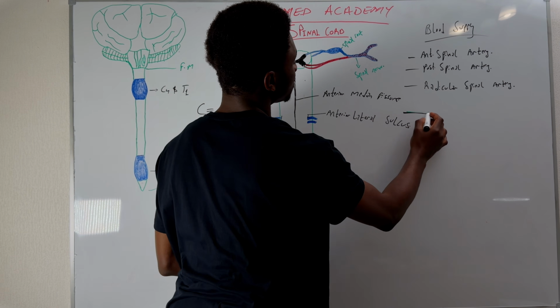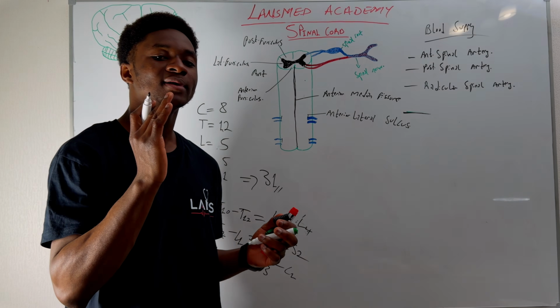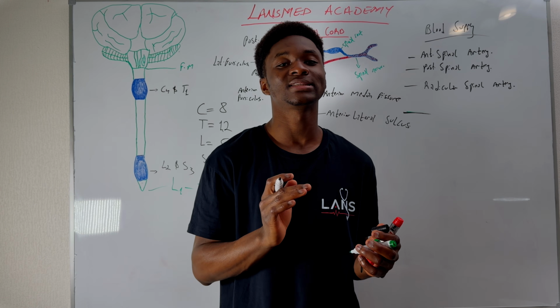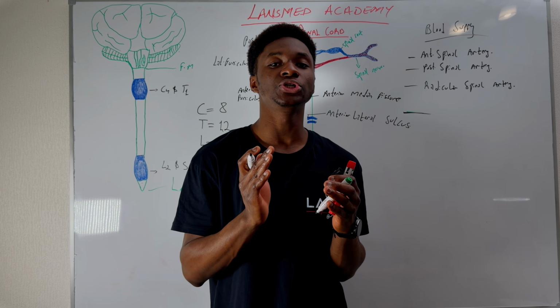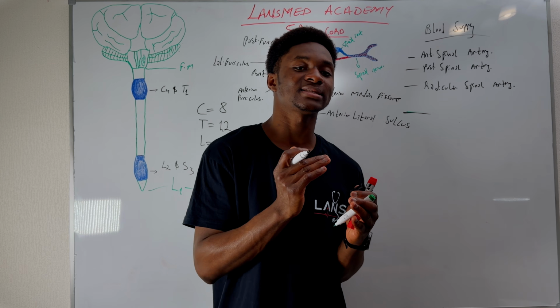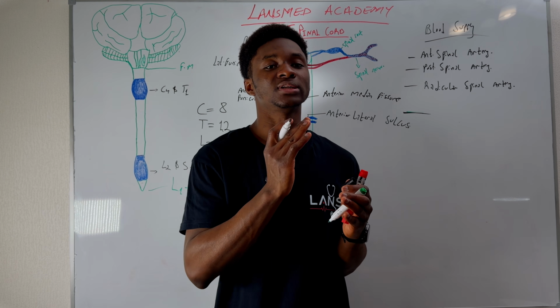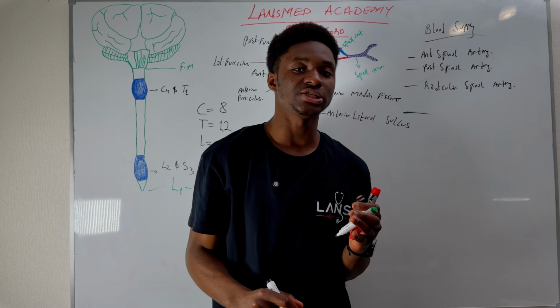The last blood supply would be coming from an artery which is known as the Adamkiewicz artery. Research has proven that the artery usually originates from the left side of the aorta, and this is found around the region from T9 to T12.